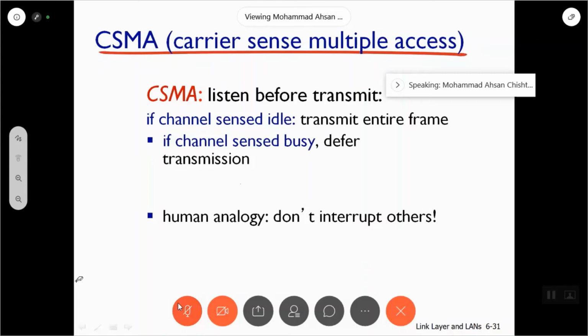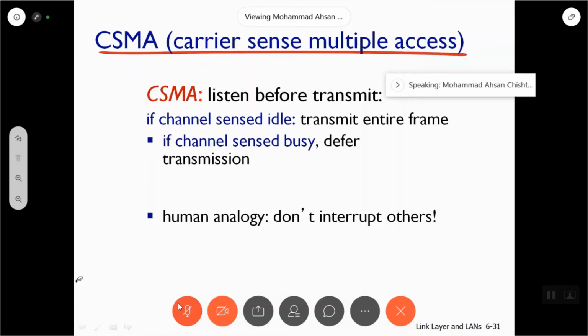They do not follow polite human protocols here. Normally, there are two rules for polite conversation. The first rule is listen before speaking. If someone is speaking, like I am speaking here, others would wait for me to finish, and then once I stop, the person starts to speak.